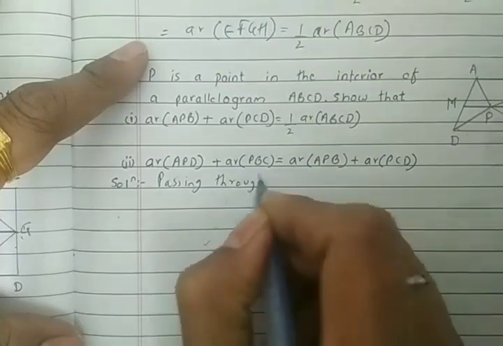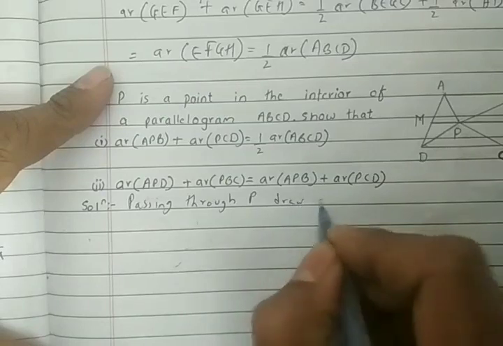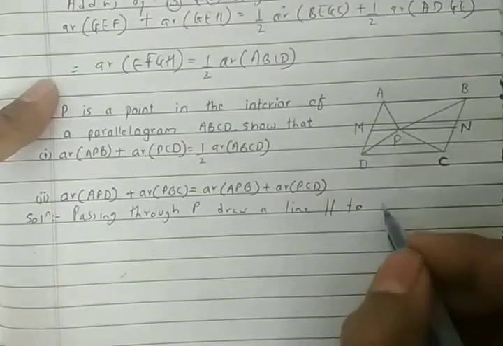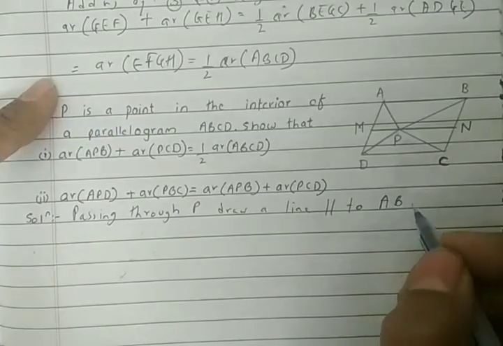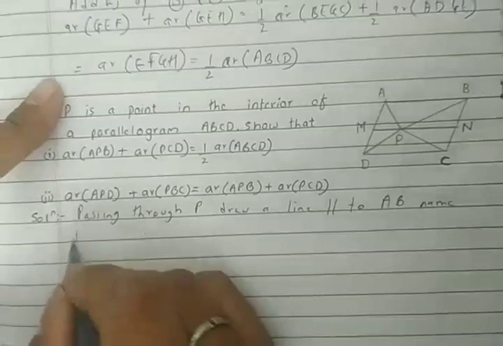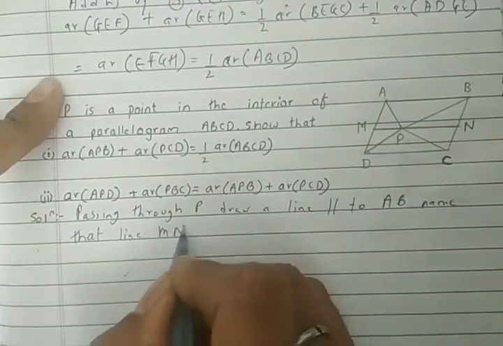Passing through P, draw a line parallel to AB and name that line MN.